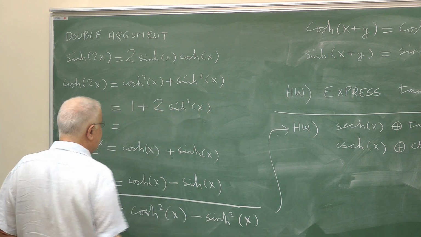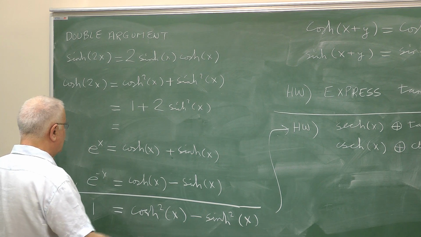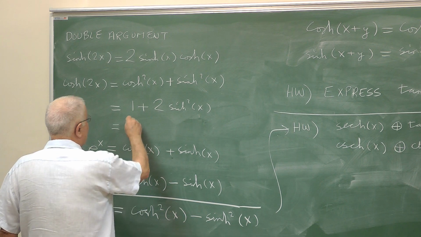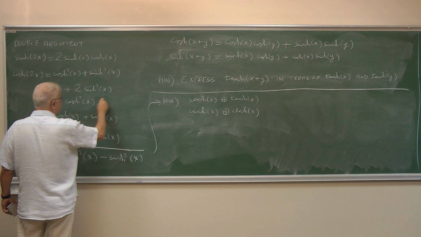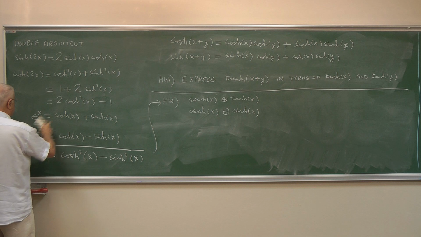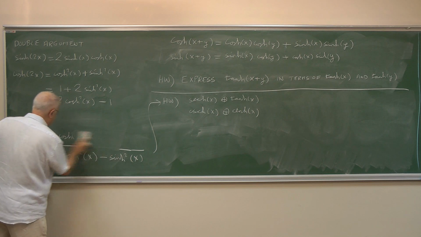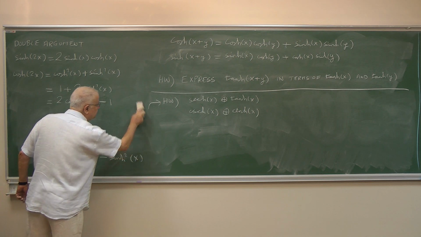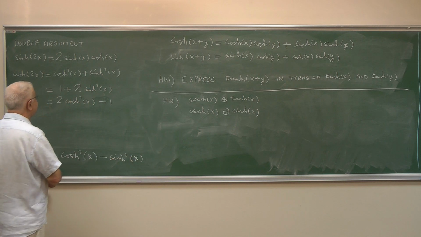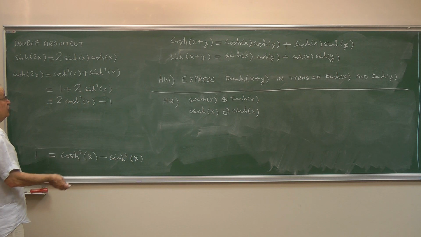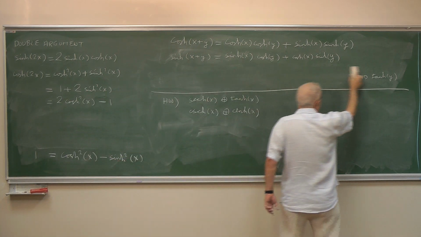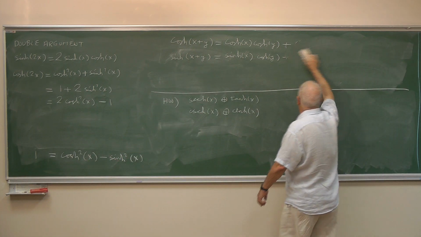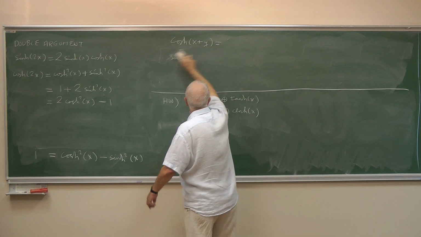Or I can eliminate sinh square, which is cosh square minus 1. So 2 cosh square x minus 1. And using these, one can do the half argument formulas.